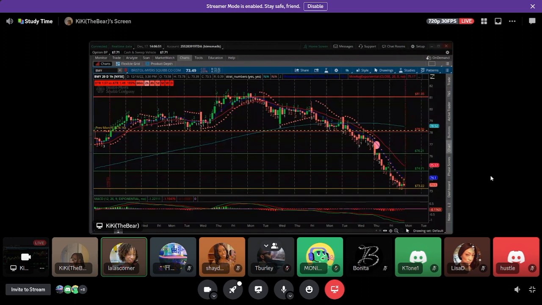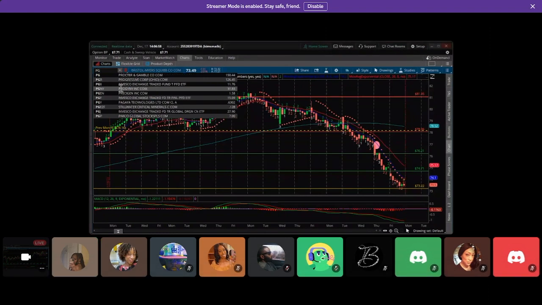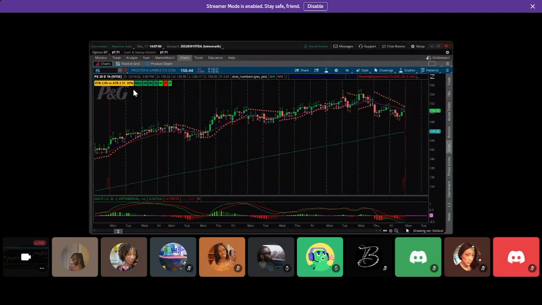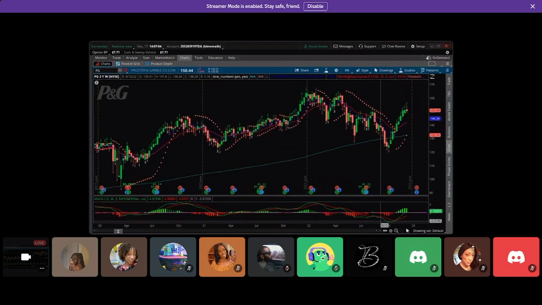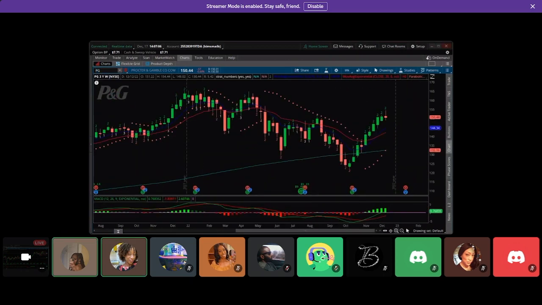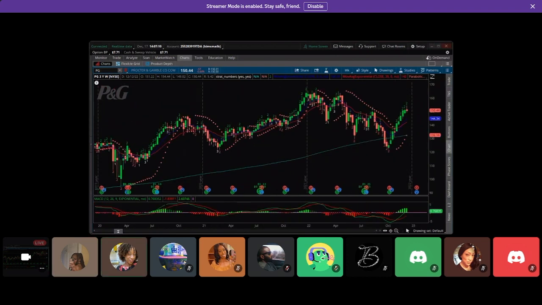Could you look at PG? Because Jamal said he liked this chart, PMG on the weekly. Ooh, and PG. TTO. Yep. Fresh TTO. Oh, I do like that.